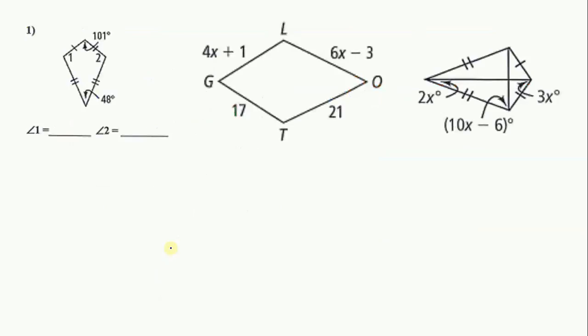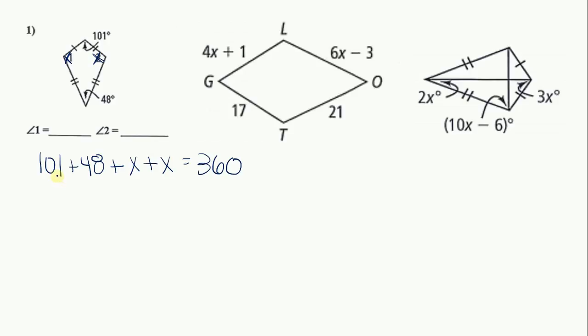Let's take a look at some examples of kites. You're going to want to write these in your notebook as well. So in here, well, I'm missing two angles, right? 1 and 2. Well, based on my properties of kites, I know that angle 1 and angle 2 have to be the same, right? Because they are congruent angles. And I know there's 360 degrees inside of a quadrilateral. So I know 101 plus 48 plus x plus another x has to equal 360.